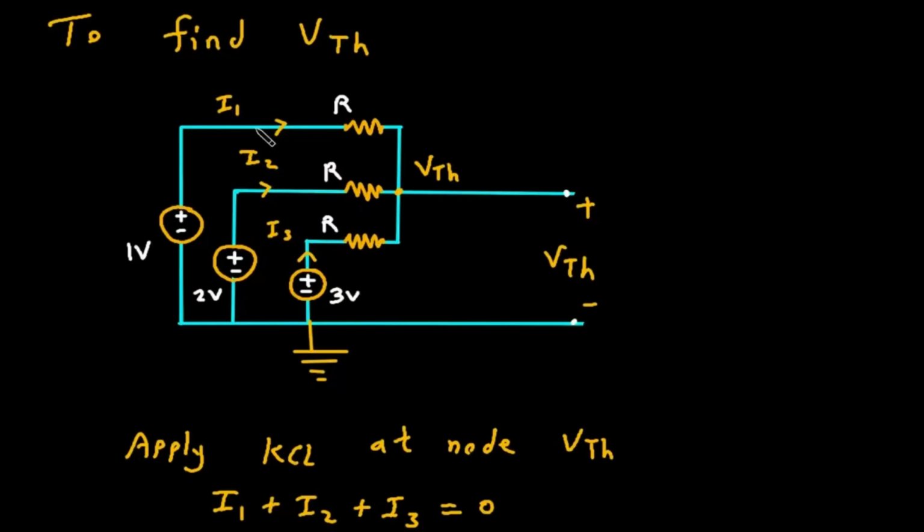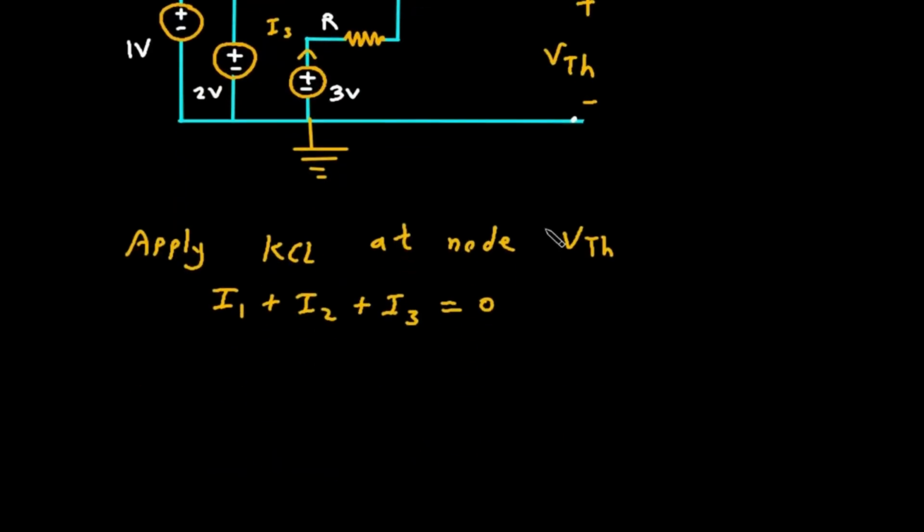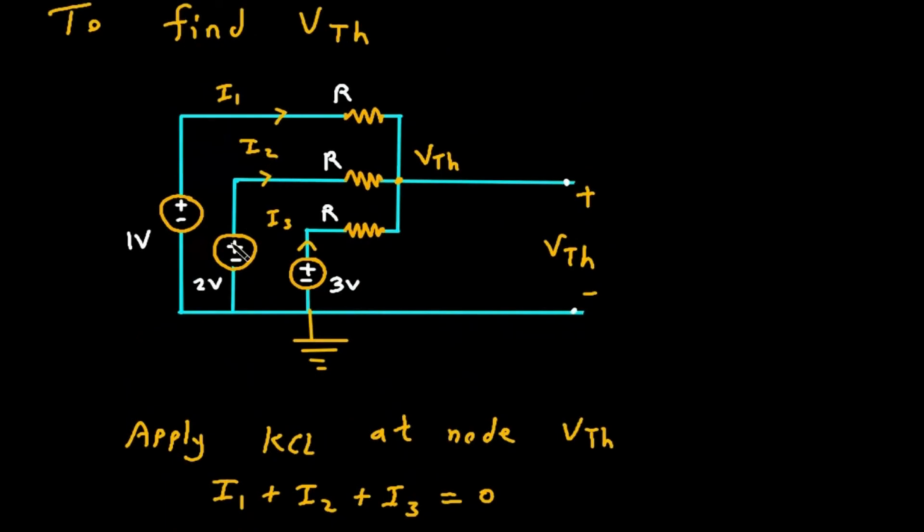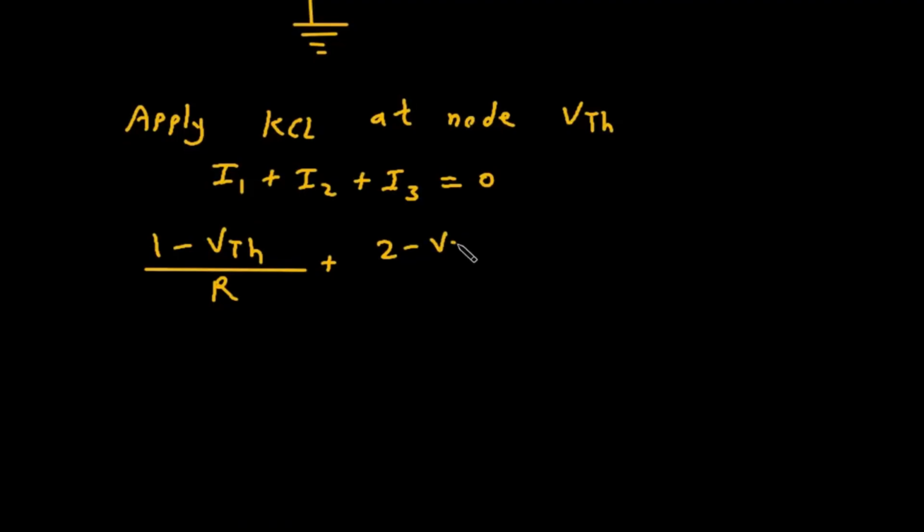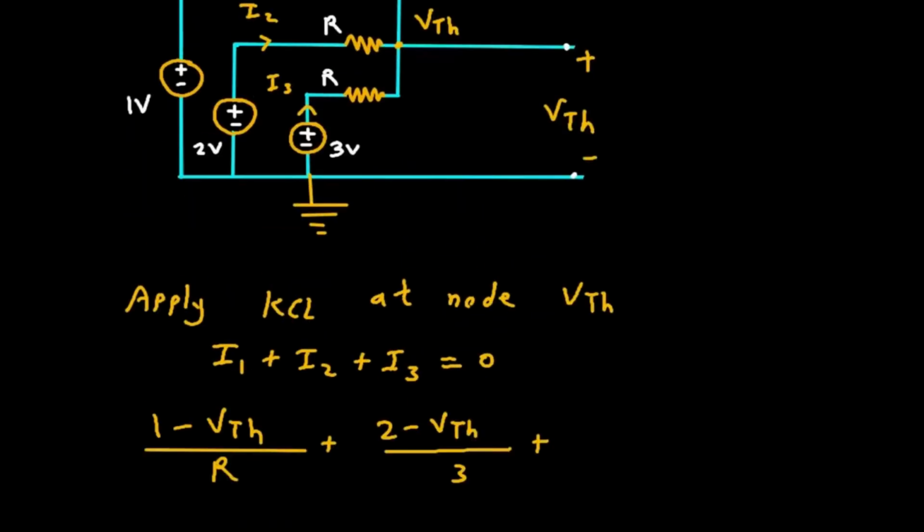Now I1 is 1 minus VTH by R, plus I2. I2 is 2 minus VTH by R, plus I3.